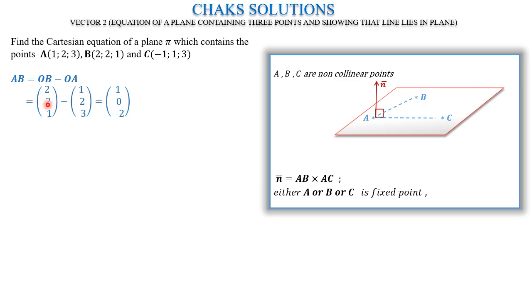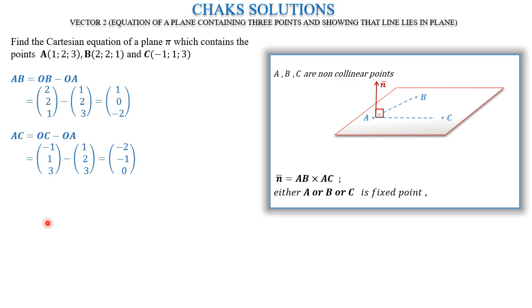Vector AB is OB minus OA, which gives us 1, 0, minus 2. Now we can also find vector AC. Vector AC is OC minus OA, which is going to give us minus 2, minus 1, 0.